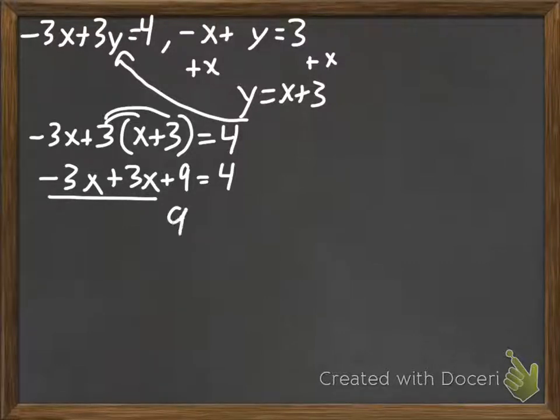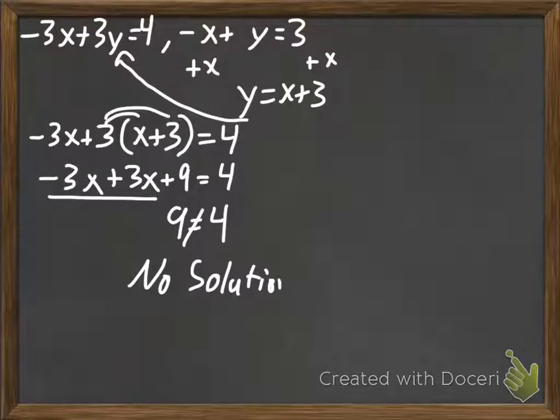So we get 9 equals 4. 9 does not equal 4 though. They're not equal. So that tells us this is also a no solution. If it had said 4 equals 4, 9 equals 9, it would have been infinitely many. But because we got two numbers that aren't equal, no solution.